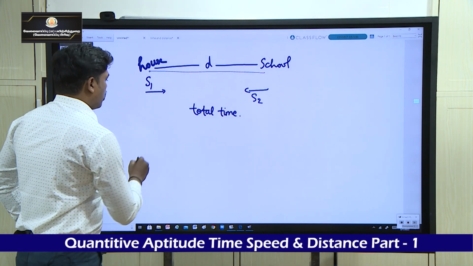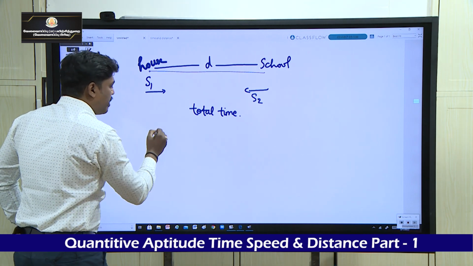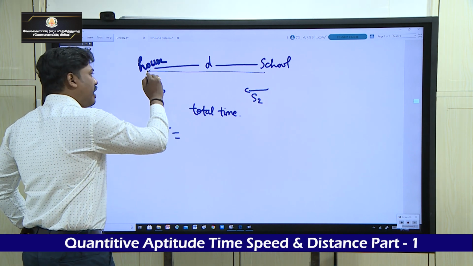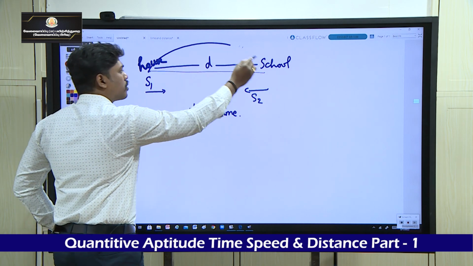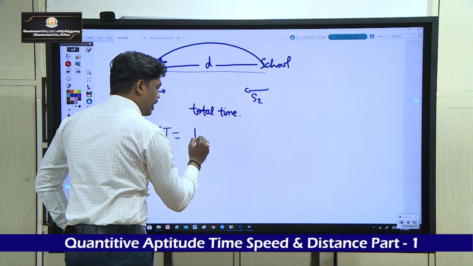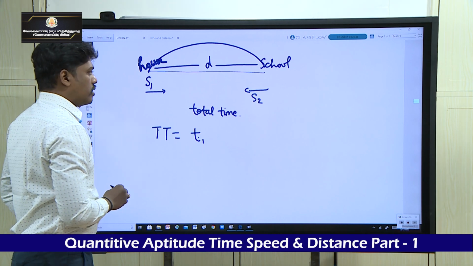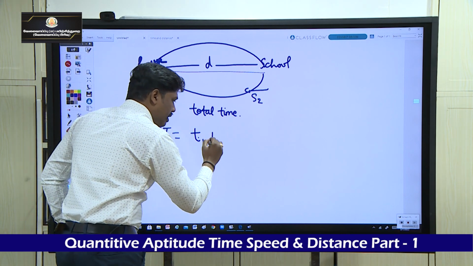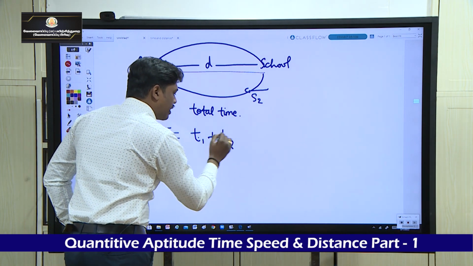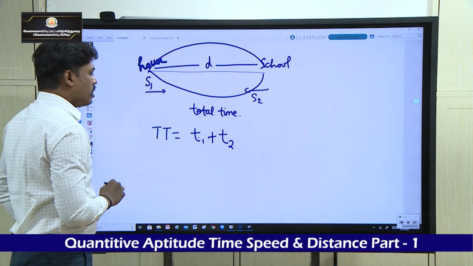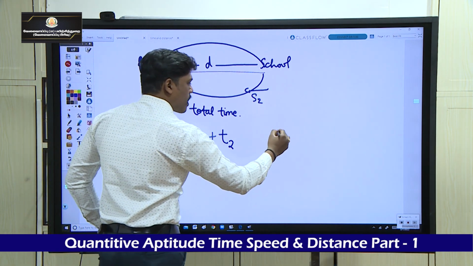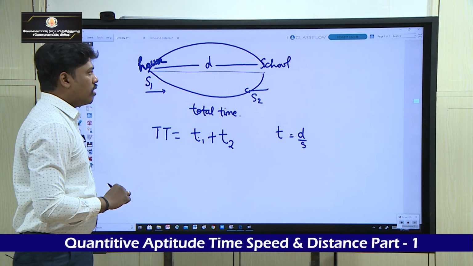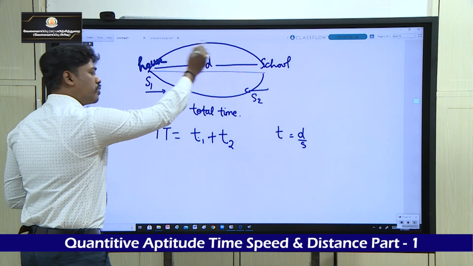Here, total time taken, let me write TT, means the time taken by the boy to go from house to school, let us call it T1, and the time taken from school to house, let us call it T2. So what is time taken here? Time taken is distance by speed. What is the distance from house to school?